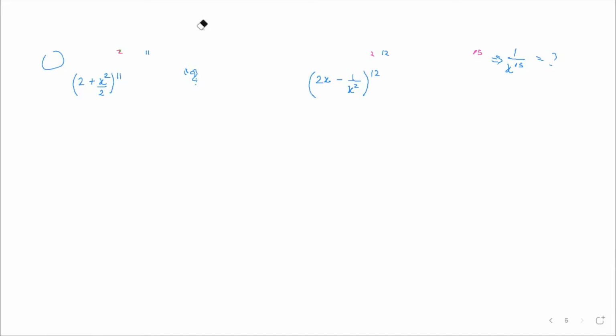So that's okay, right? This one says find the expansion, find this term, and I rewrite this one.